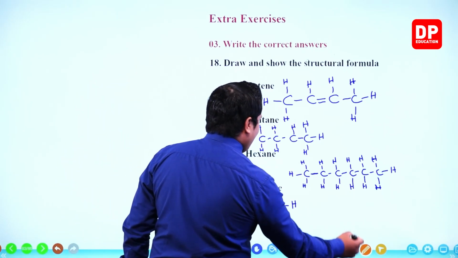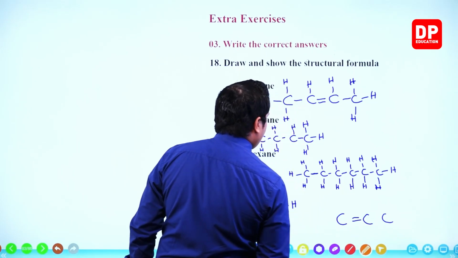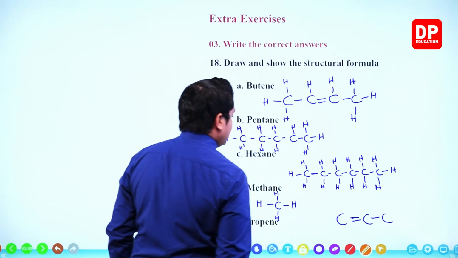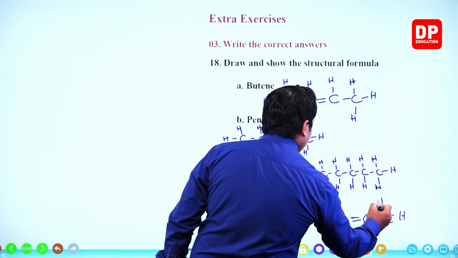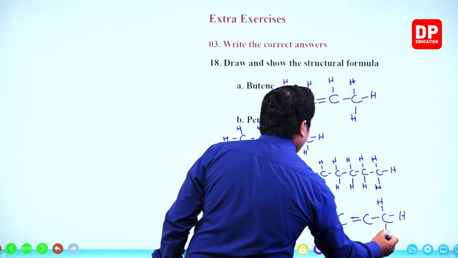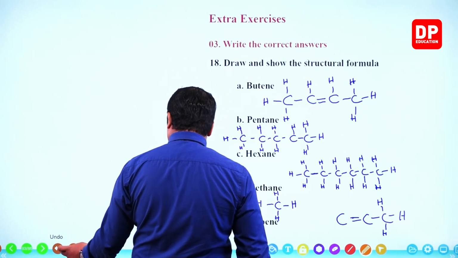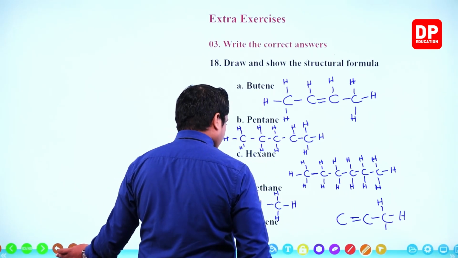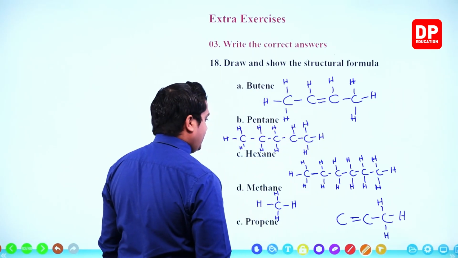Then final one, propene. Prop means 3. So 1, 2, 3. Ene means there should be a double bond. Then others are single. Now let's complete. 1, 2, 3.